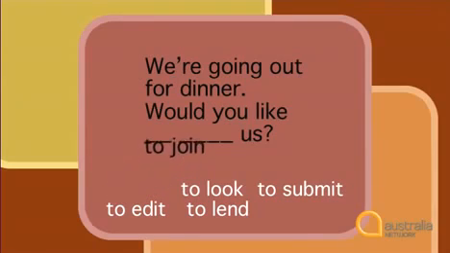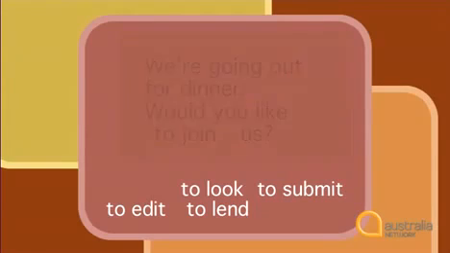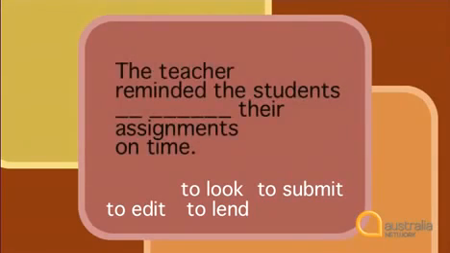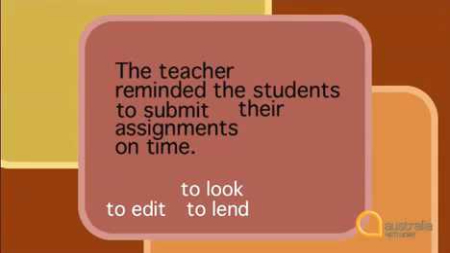We're going out for dinner. Would you like to join us? How about this one? The teacher reminded the students their assignments on time. The teacher reminded the students to submit their assignments on time.